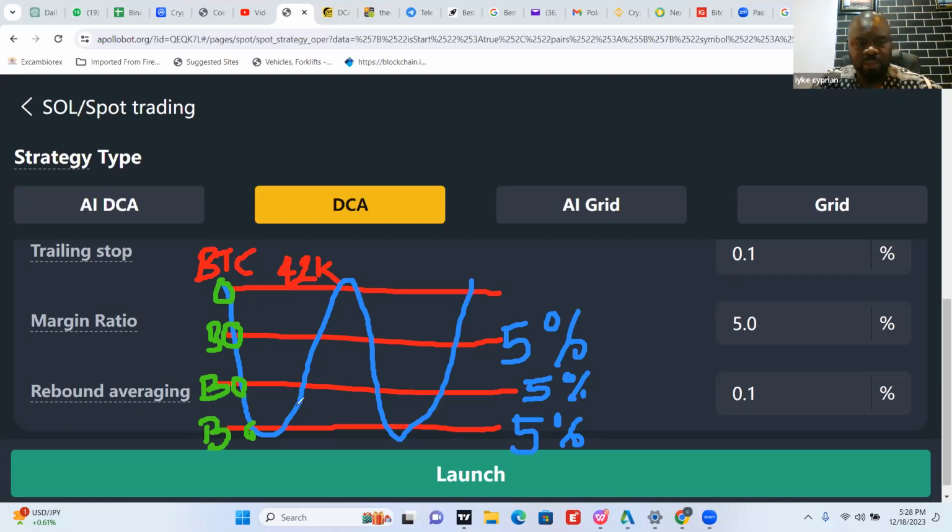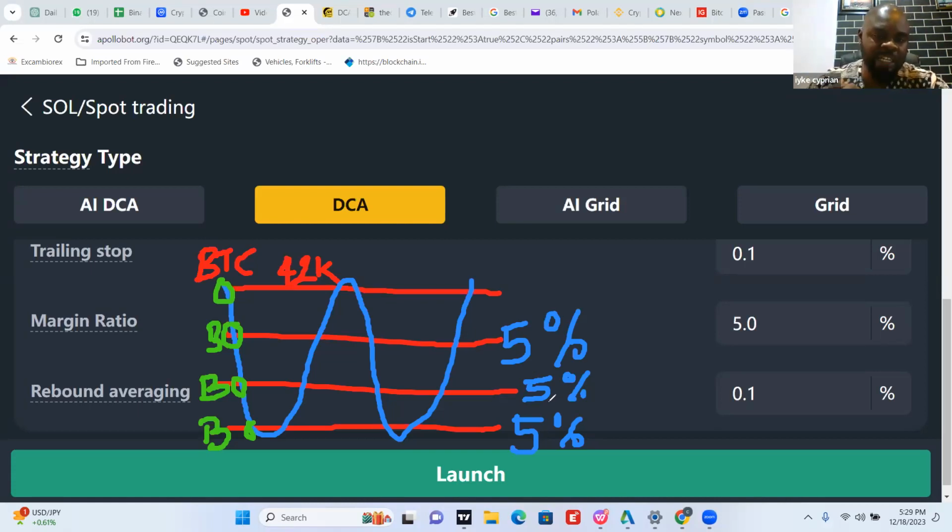So on this particular trade, you've set up the 5% margin ratio so that you can buy Bitcoin each time there's a market drop. Bitcoin has gone from $43,000 to as low as $41,000 right now. So the robot has bought for a lot of people at a lower price.